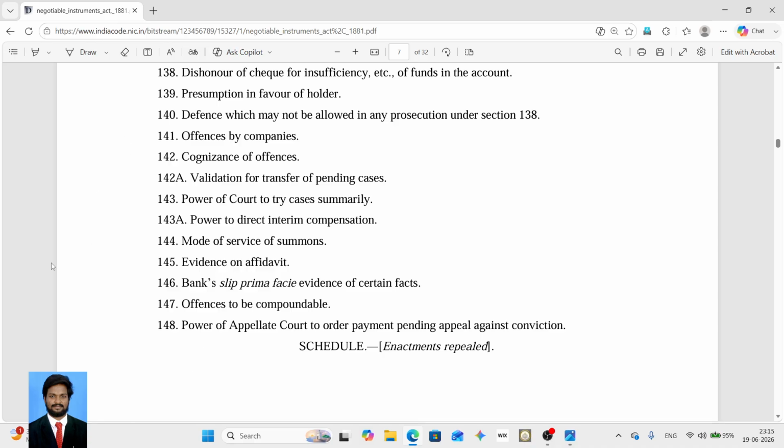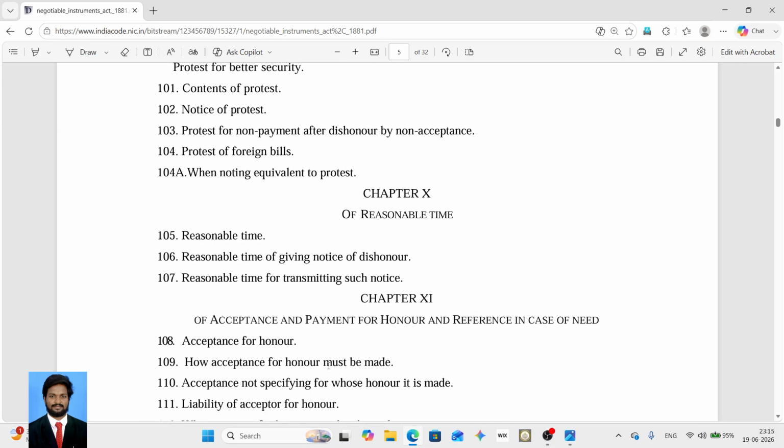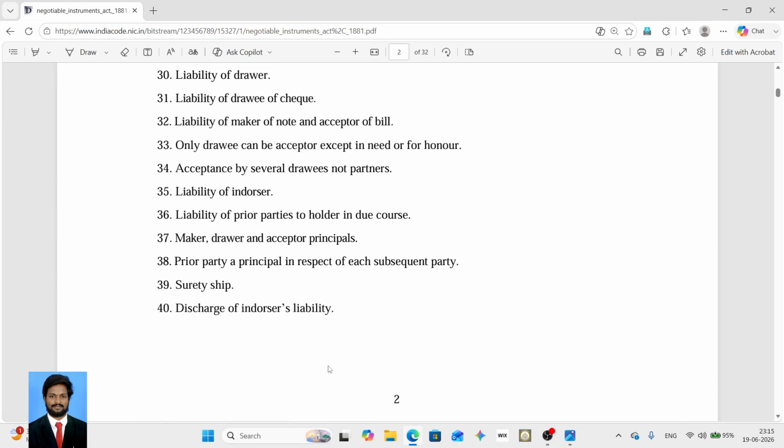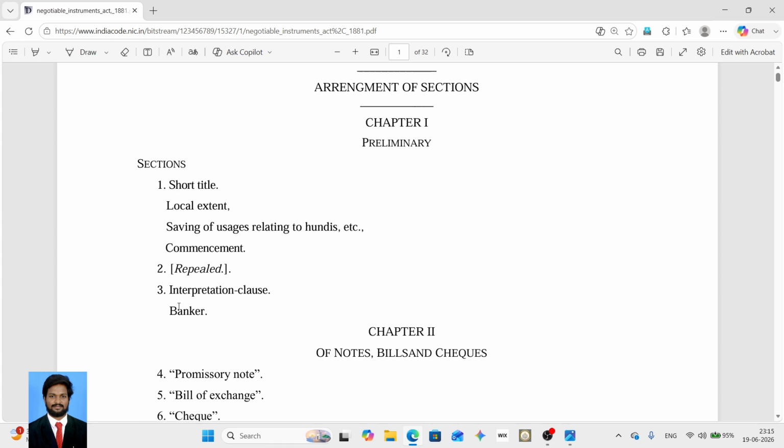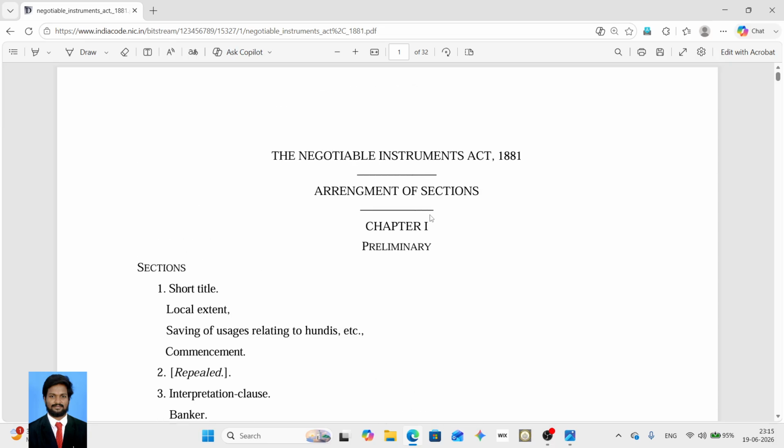Additionally, we have 5 sections, and section 2 got repealed. All these sections are divided into chapters. We have 17 chapters herein. So the name of the act is the Negotiable Instruments Act, 1881.